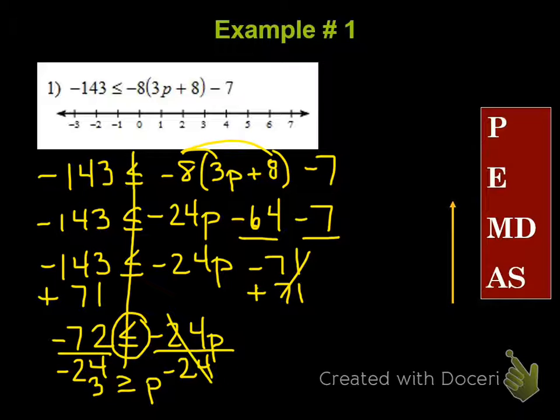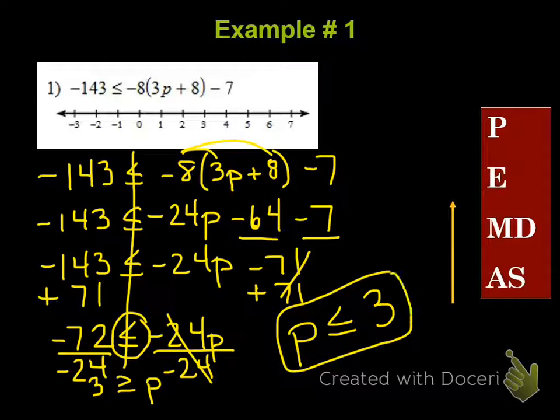So I don't like how this is 3 is greater than or equal to p, so I'm going to rewrite that. P is less than or equal to 3. You see here that the closed part of that symbol is towards the p, so when I rewrite that, I still have to have that be true. So p is less than or equal to 3. So if I graph this on my number line here, I'm going to go to the 3, and it is going to be a filled in circle at 3 because it can be equal to 3.